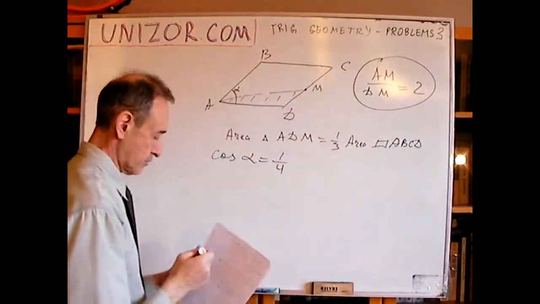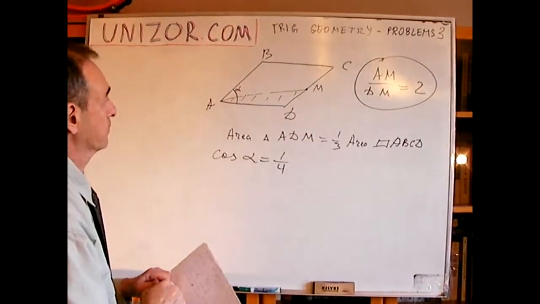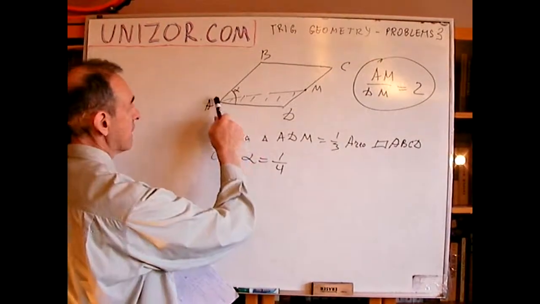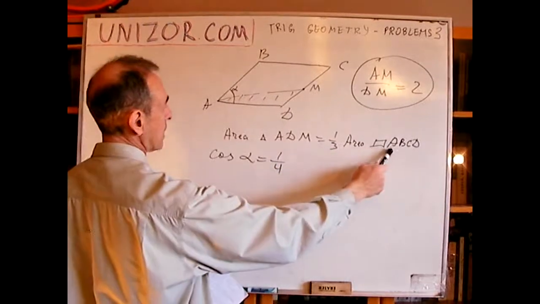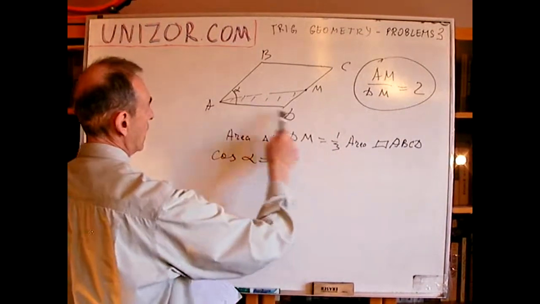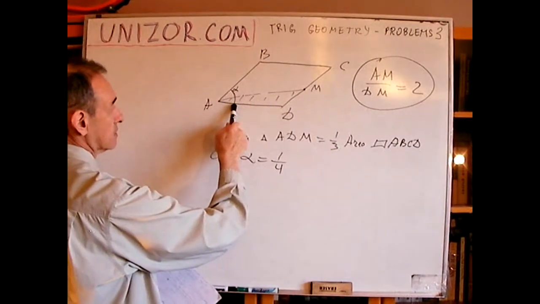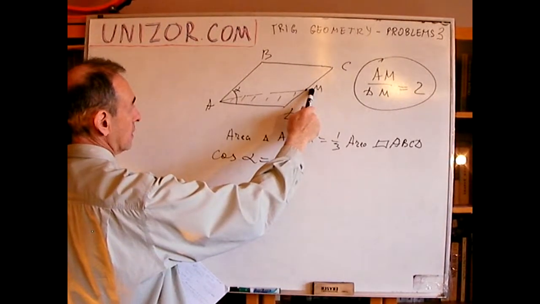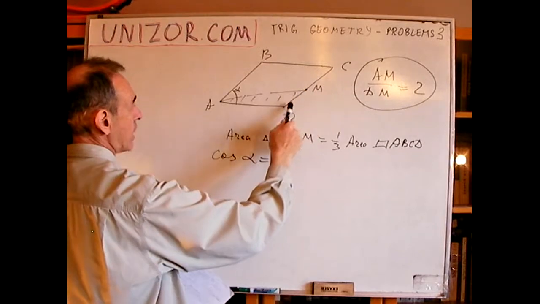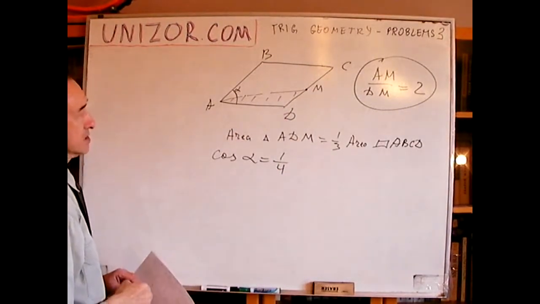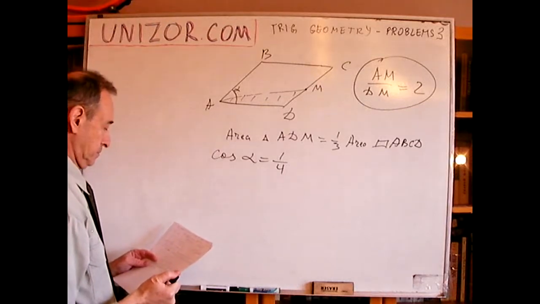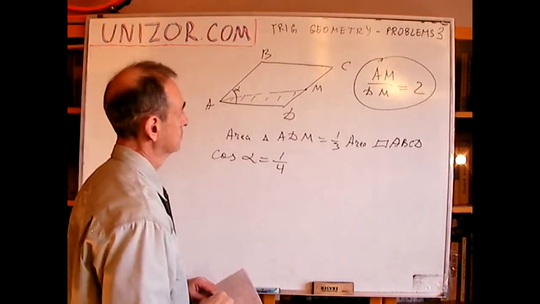This would have to be proven. So knowing that the area of this triangle is 1/3 of the area of an entire parallelogram, and knowing that the cosine of this angle is 1/4, we have to prove that the AM is twice as big as BM. Okay?